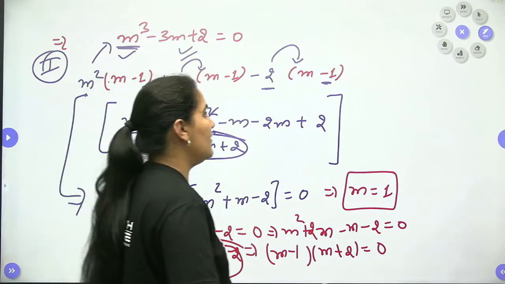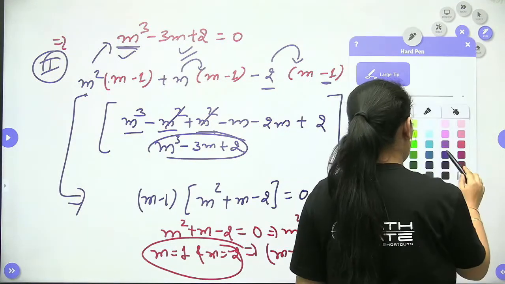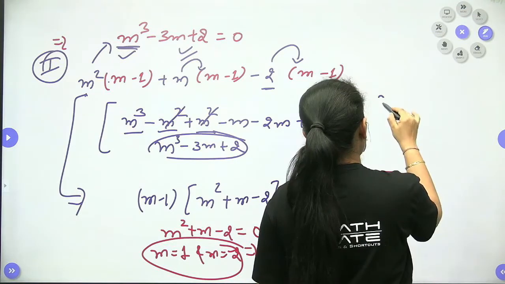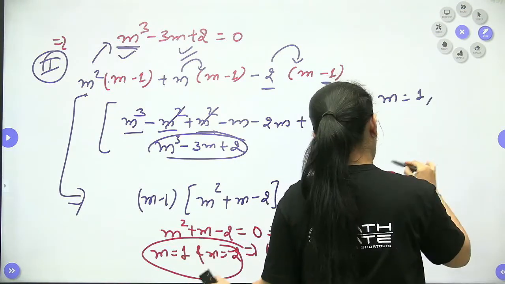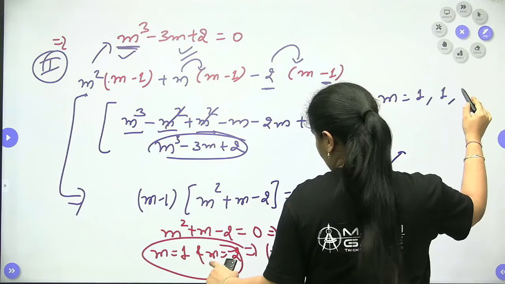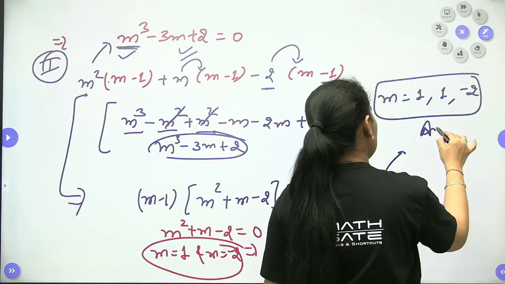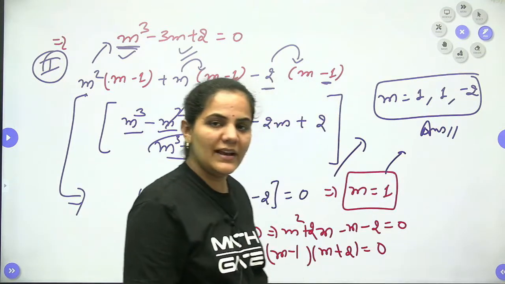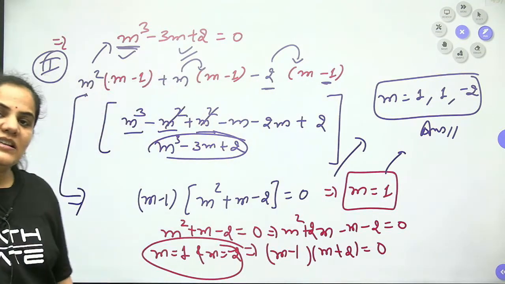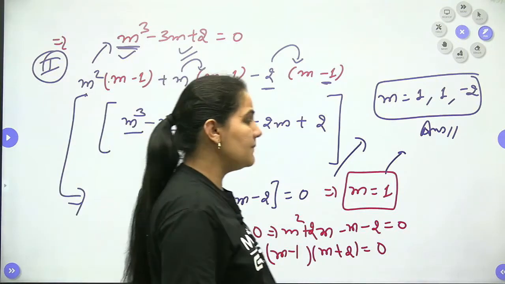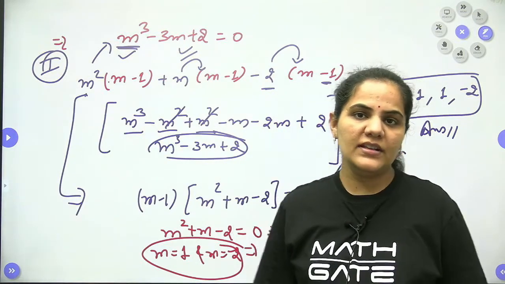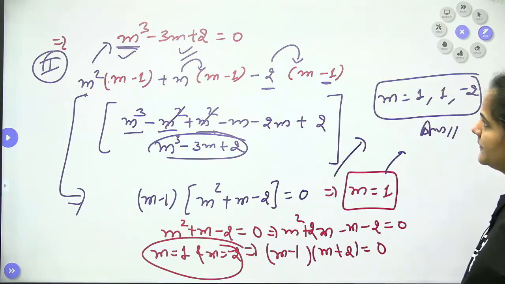So we get 3 roots: m is equal to 1, again m is equal to 1, and again m is equal to minus 2. These 3 will be my final answer, dear students. Done. It's simply approachable.